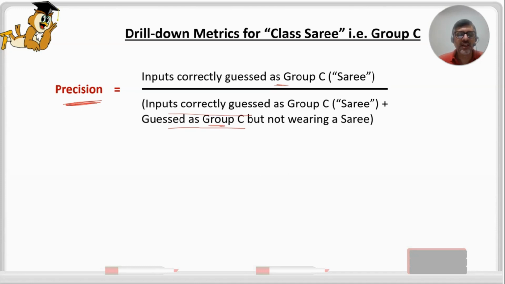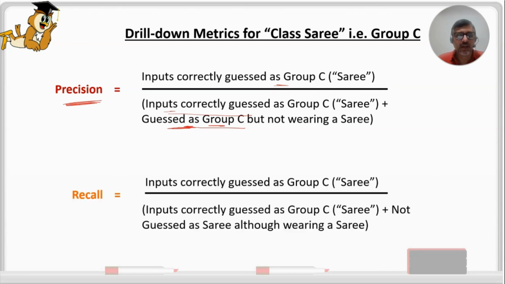So the precision has something in the numerator which is the right score for our classifier as far as saris are concerned, and in the denominator it is numerator plus something else. The plus something else is the count of people who we predicted would be in group C but were not actually wearing a sari. The other metric is called recall.